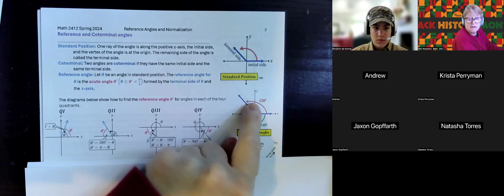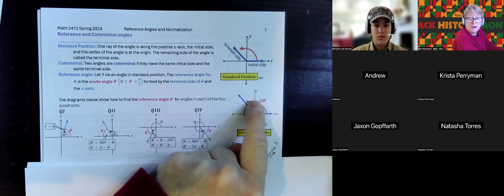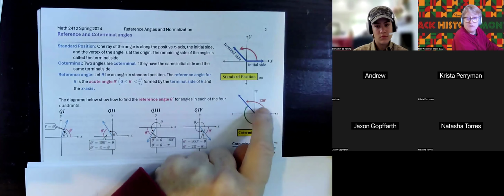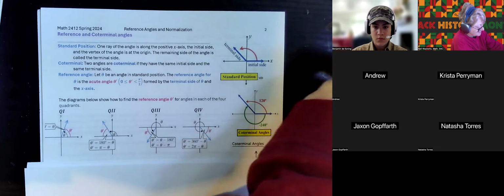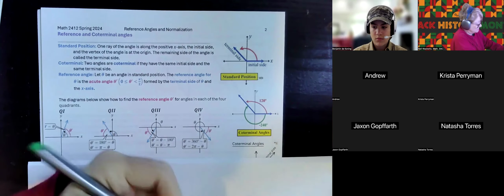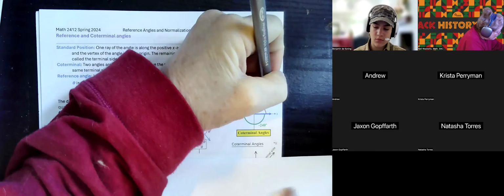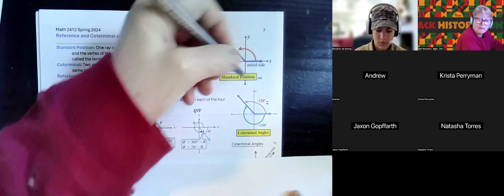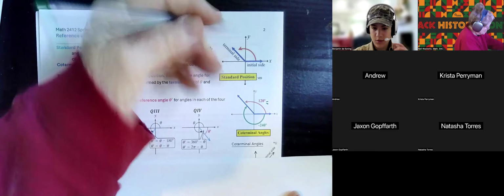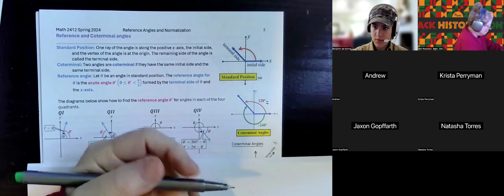So for instance, this angle 120 degrees, which is the same as, who knows that angle in radians? 2 pi over 3. Perfect.